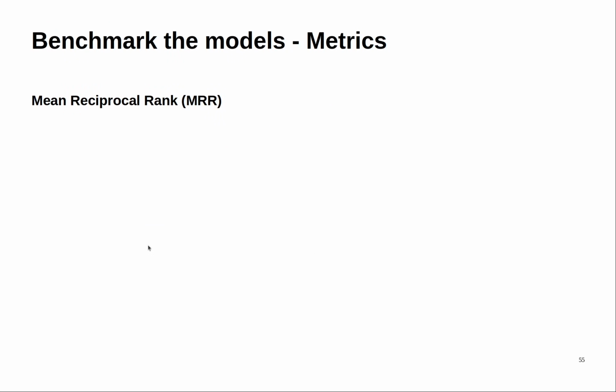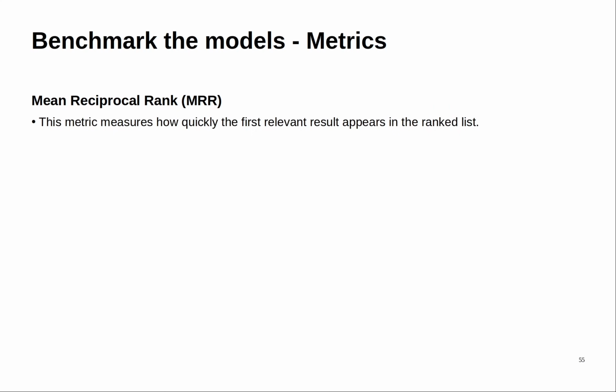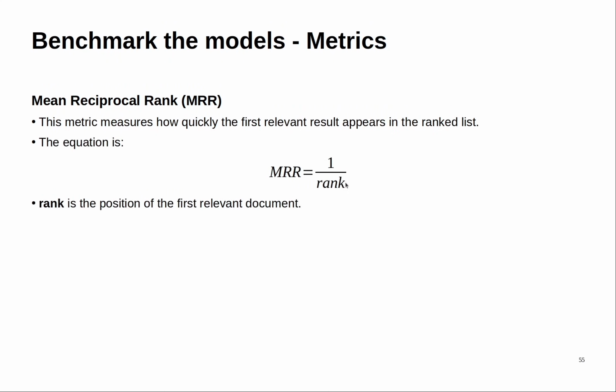Let's start with the mean reciprocal rank. This metric is used to measure how quickly the first relevant result appears in the ranked list. Let me show you the equation because it will explain to you how that works. Here is the equation. You can see that MRR is equal to 1 over rank. And in this case, rank is the position of the first relevant document. When I say first relevant document, I mean the correct document.